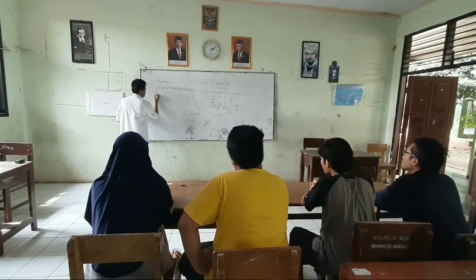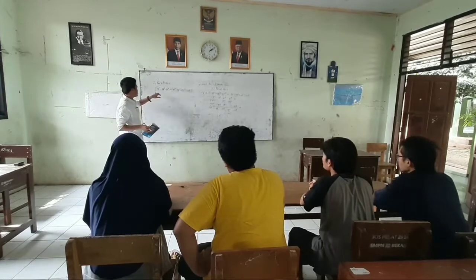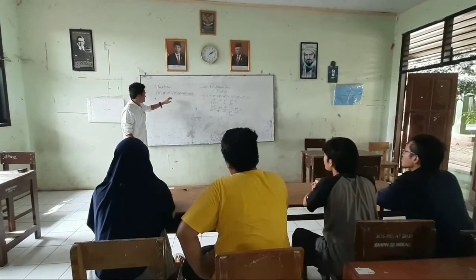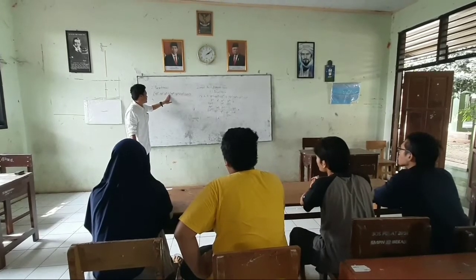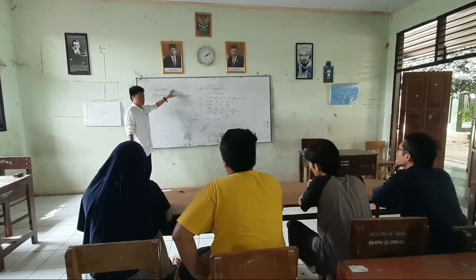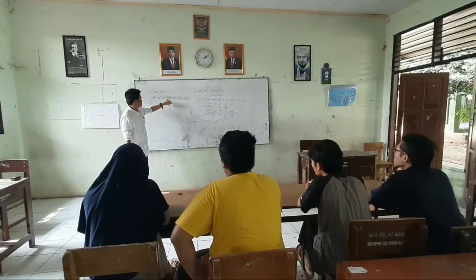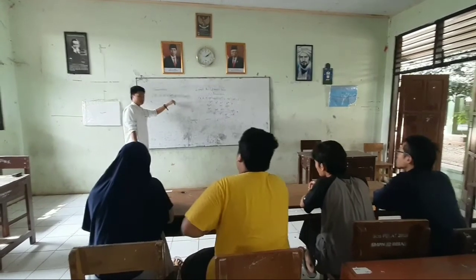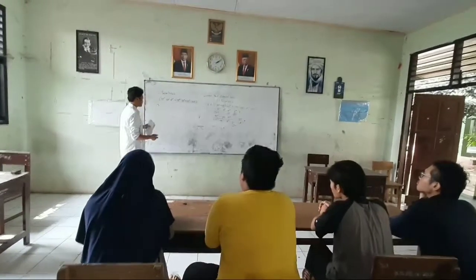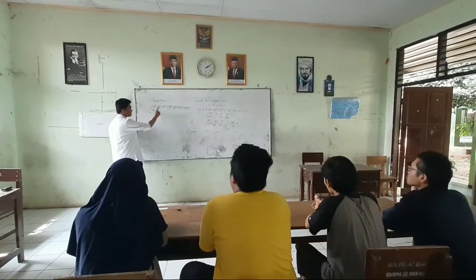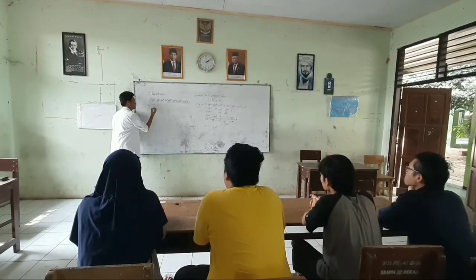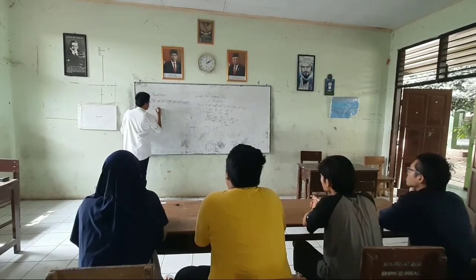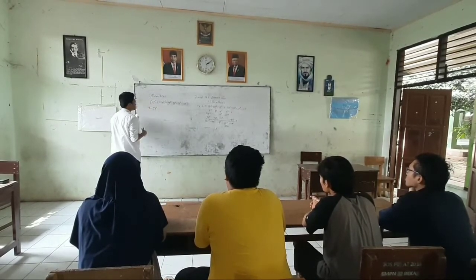So the answer is like this: minus p power 5, and 4p power 5 minus 9p power 5. If minus meets plus, positive, it's going to be negative 5. So 4, negative 9. The answer is negative 5p power 5.